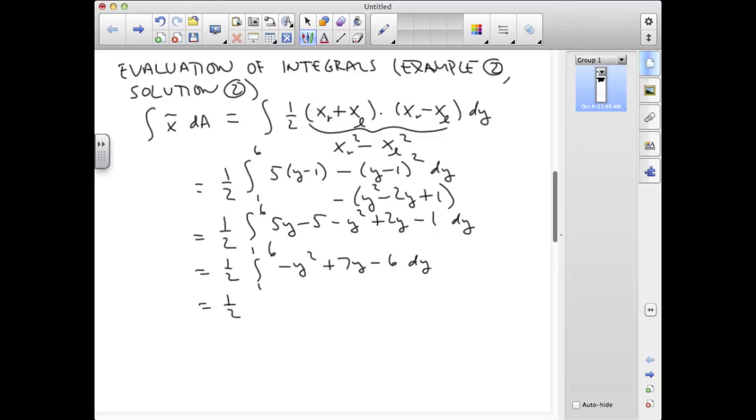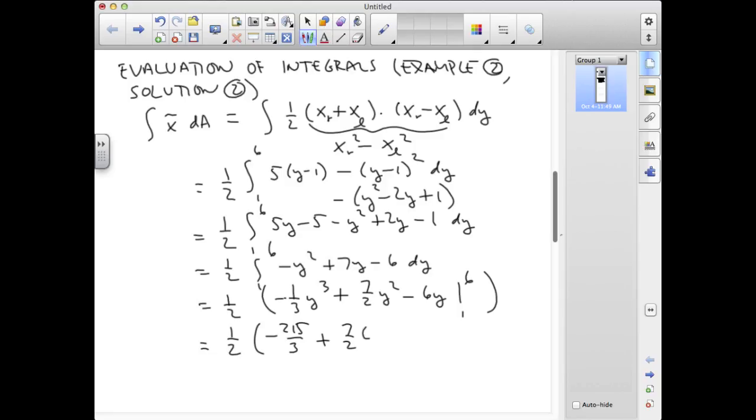And the result is minus 1/3 y cubed plus 7/2 y squared minus 6y between these limits. If we plug the numbers in, this can be written as 1/2 of minus 215 over 3 plus 7/2 times 35. If we plug these numbers in, we get this result, which is also 10.42 inches cubed.